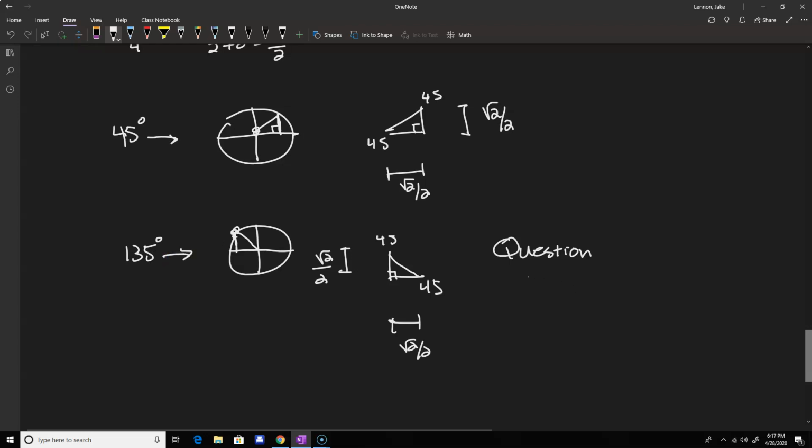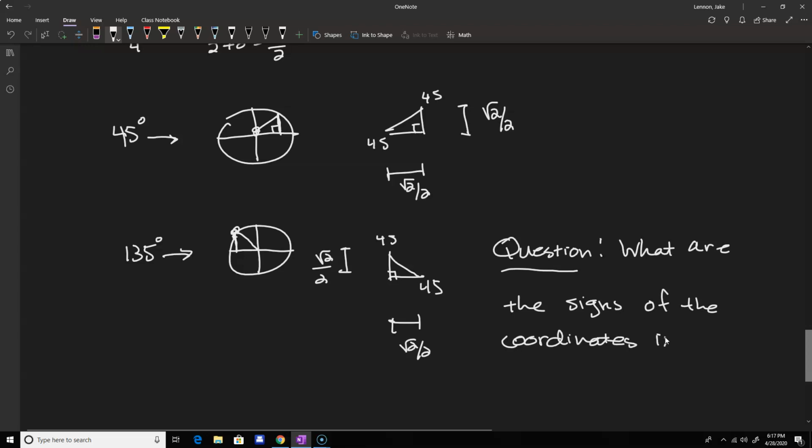So the question is, what are the signs of the coordinates in quadrant 2?